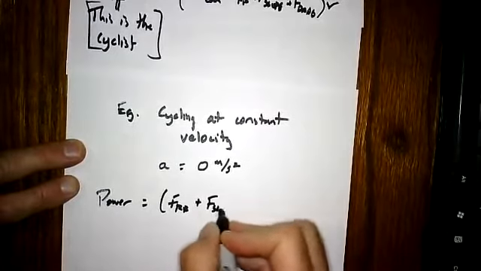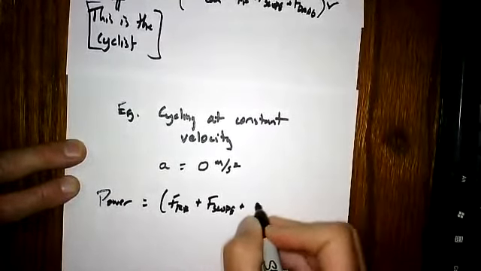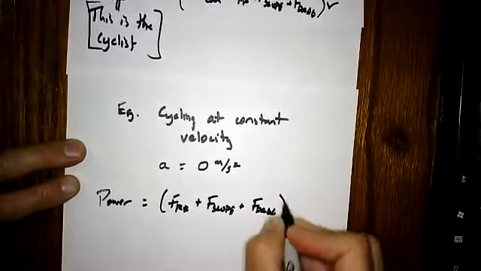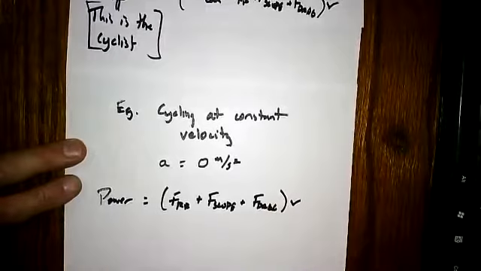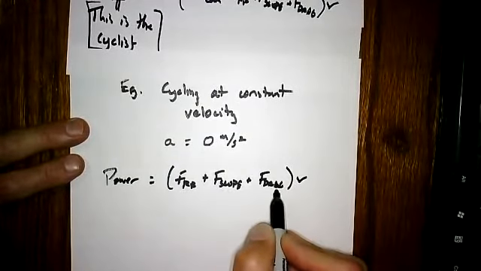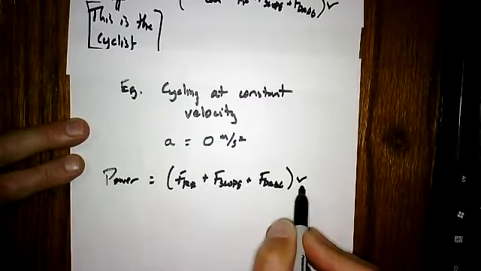So now I'm going to put power equals F rolling resistance, F slope, F drag, times how fast the cyclist is going. Now I can see a little bit more. The power that the cyclist is generating is equal to all the resistance forces times how fast the cyclist is going.